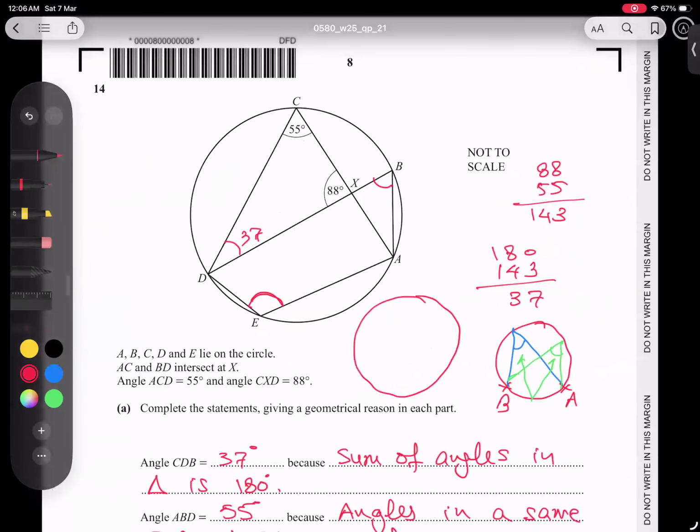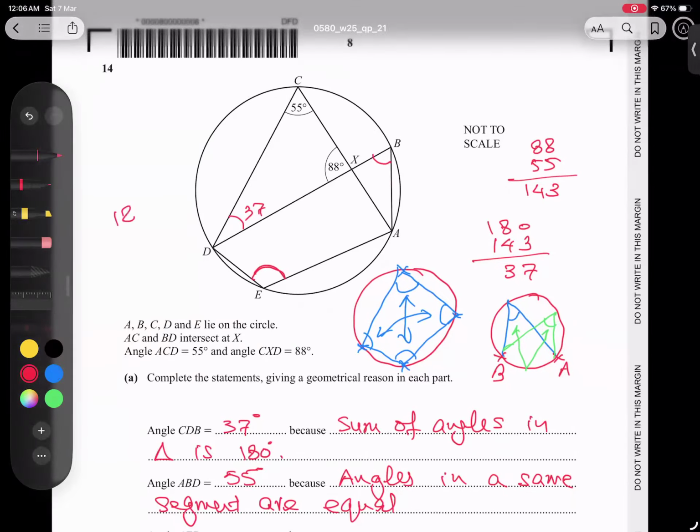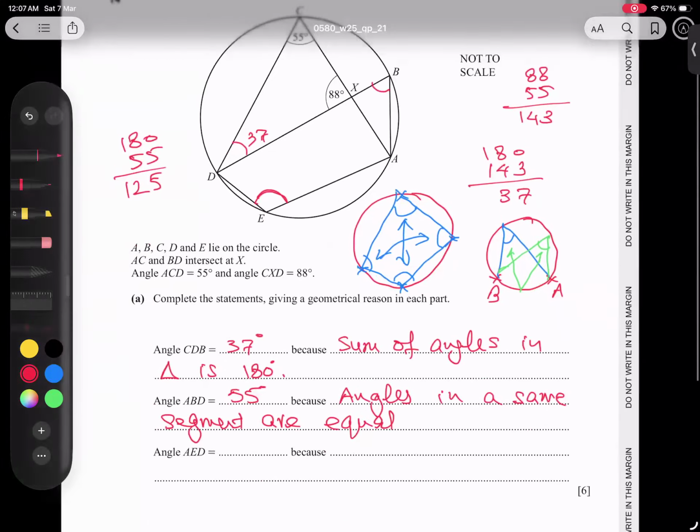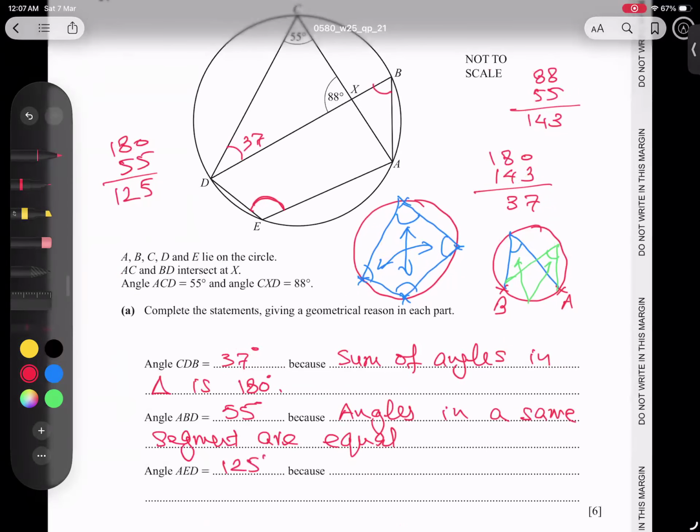Basically, whenever 4 points lie on a circle and I join them, the sum of these two opposite angles equals 180, and even these two angles sum to 180. So out of 180, subtract 55, and I'm getting 125. I write 125 degrees.